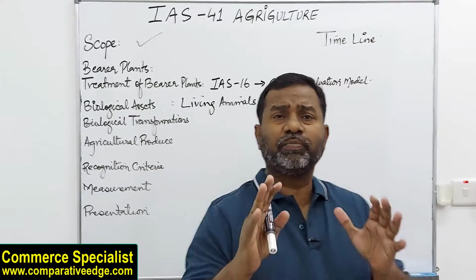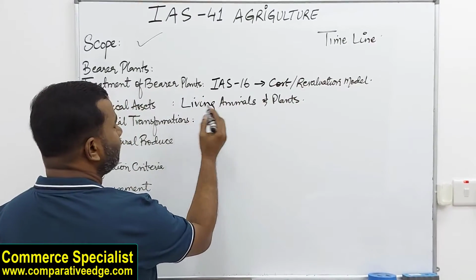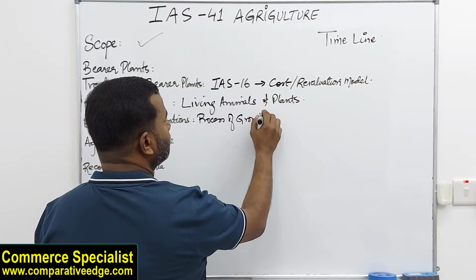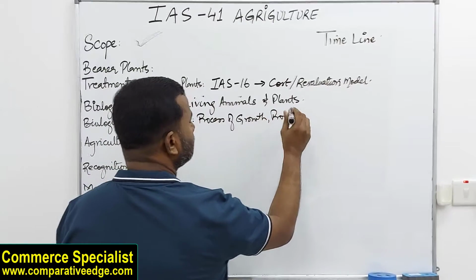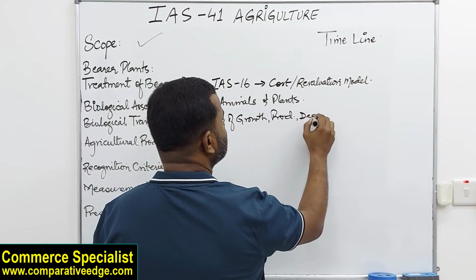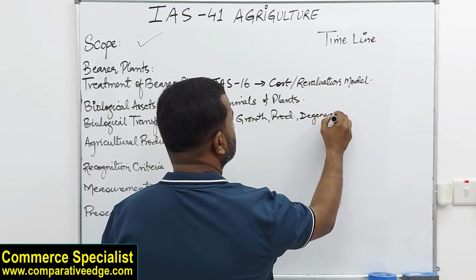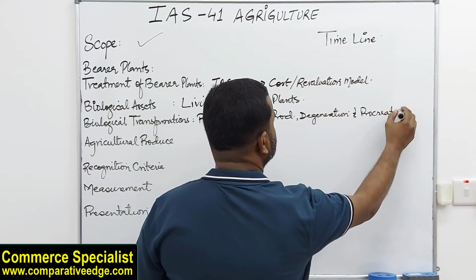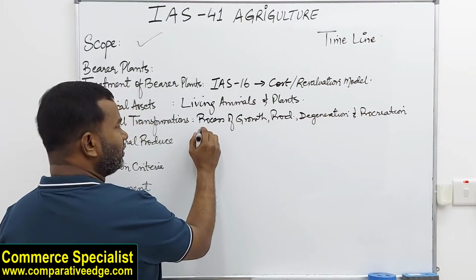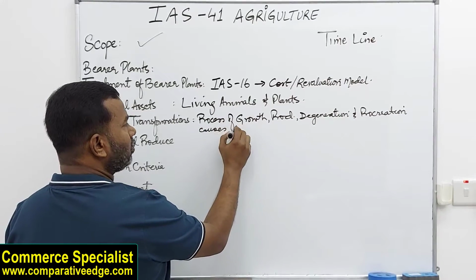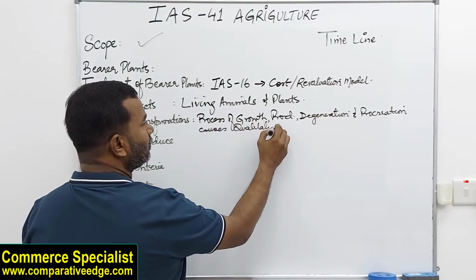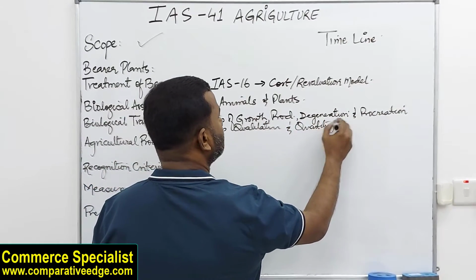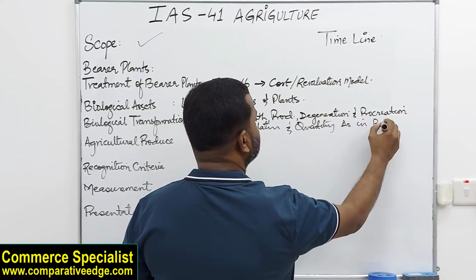Biological transformation is a process of growth, production, degeneration, and procreation, which causes qualitative and quantitative changes in biological assets.